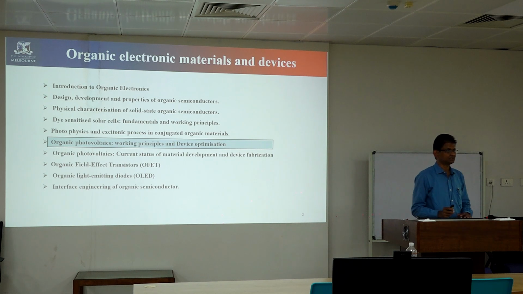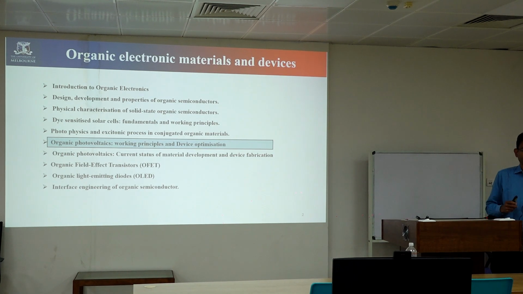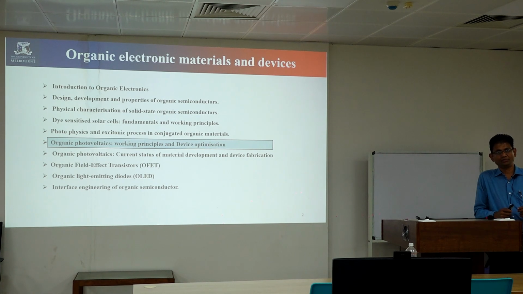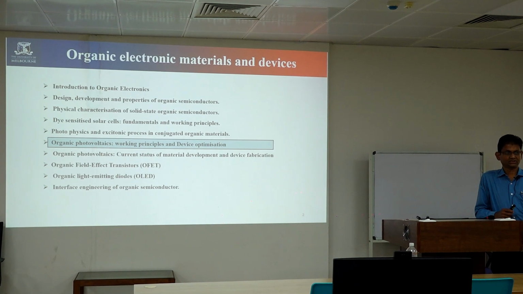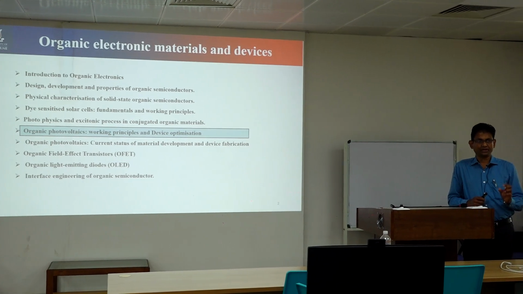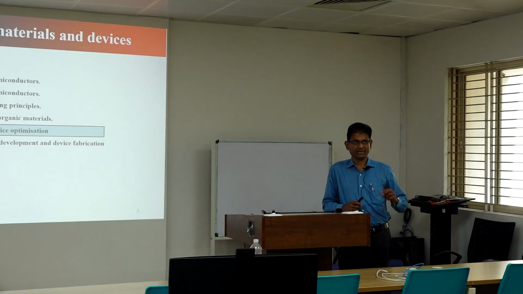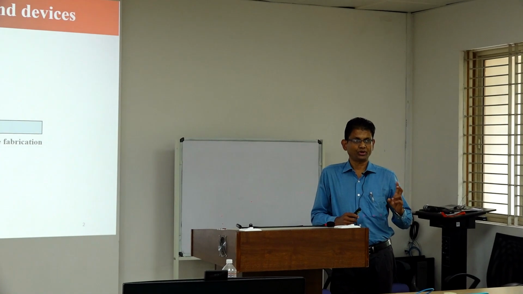If you remember from yesterday's lecture, I told you that making the bulk heterojunction architecture is very important, because the exciton is able to diffuse only 15 to 20 nanometers.